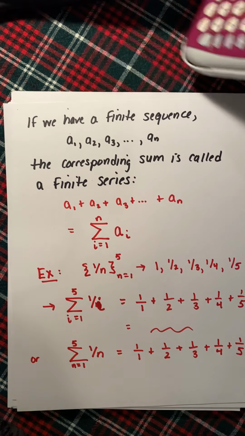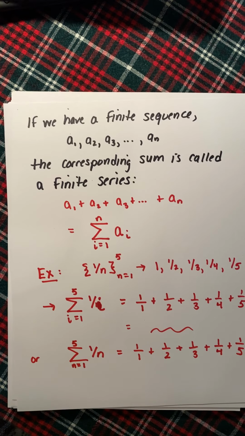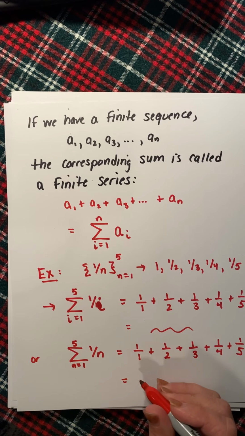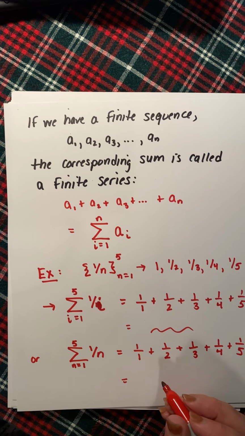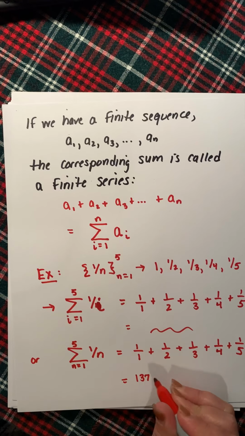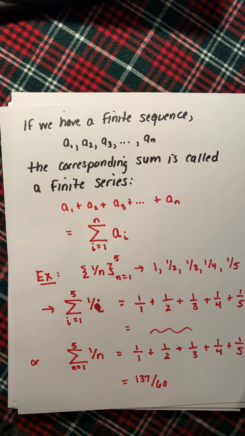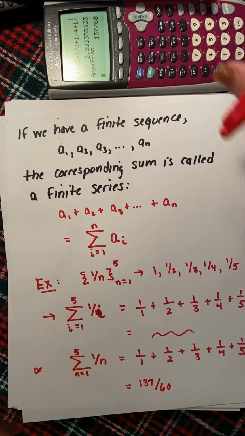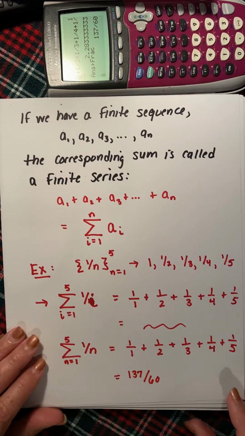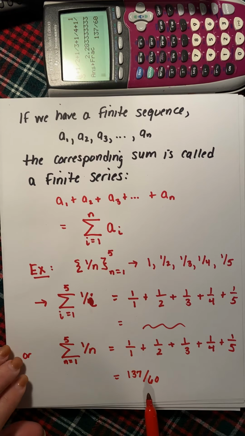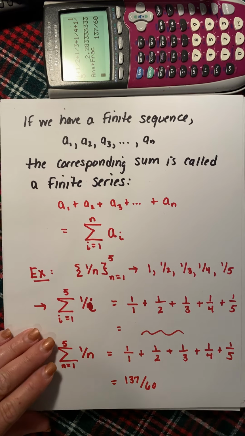Just for kicks, we're going to do 1 plus 1/2 plus 1/3 plus 1/4 plus 1/5, and this has a value of 137 over 60. Now, if you do this in decimal form, it's like 2.283333333. That's not going to be an exact value and probably not asked for in ALEKS, so make sure that you follow the directions, and if it asks for an exact value, you convert it back to your fraction.